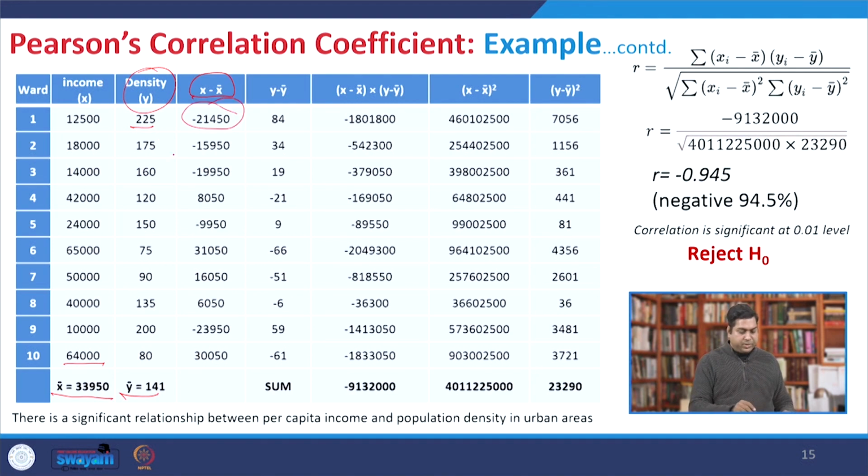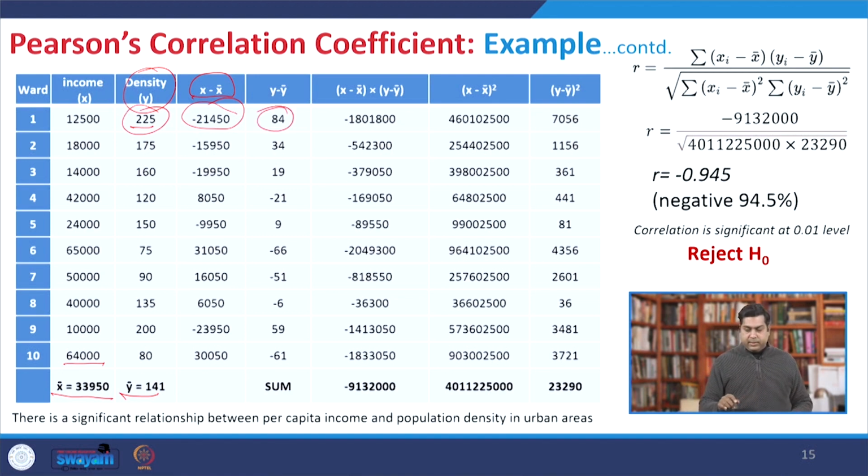As I already mentioned, it is nothing but 12,500 minus 33,950, so it is coming out negative. For density, the mean density is 141, and in this particular case the density value for ward number 1 is more than that, so we are getting a positive difference of 84.